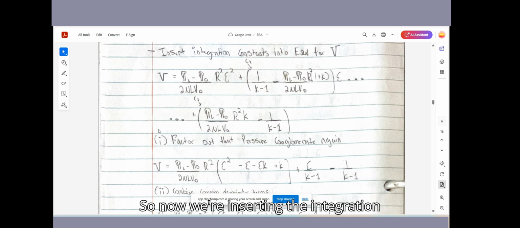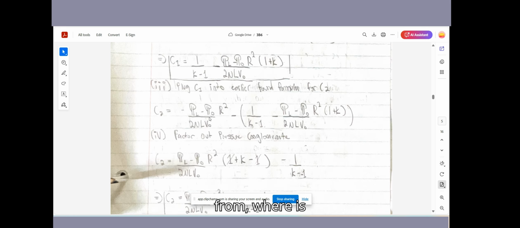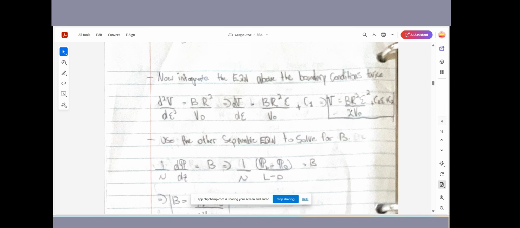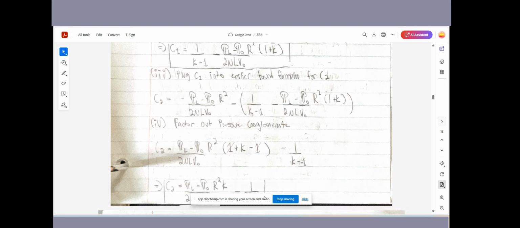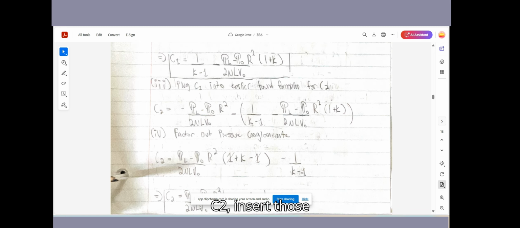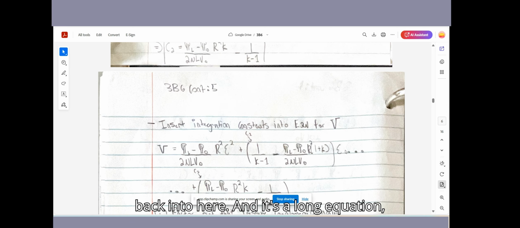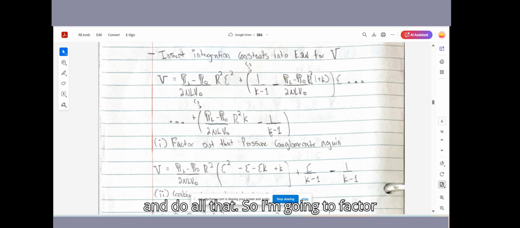So now we're inserting the integration constants back into this equation. C1, C2, insert those back into here. It's a long equation, so I have to add some dots and do all that.